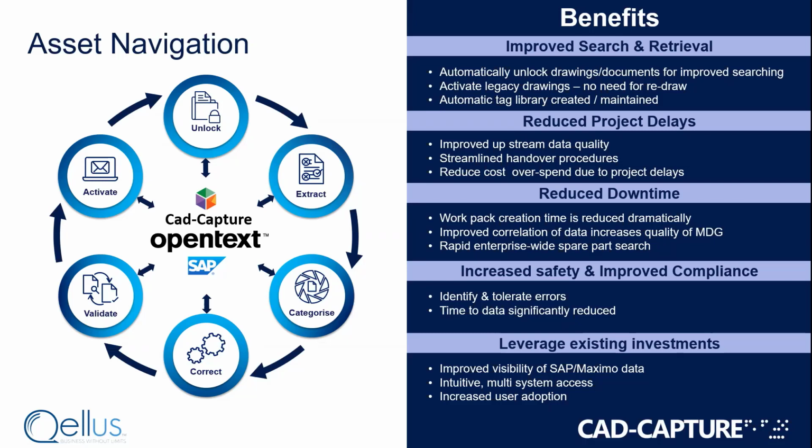So the unified solution of OpenText Content Suite, SAP and Maximo, further enhanced with the ability to offer up this data from the ground up, from the drawings themselves, can really deliver significant value across a number of organizations.